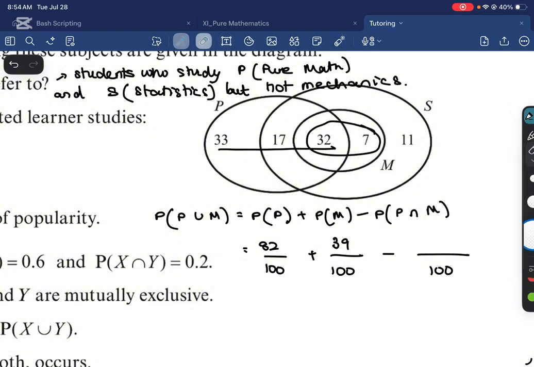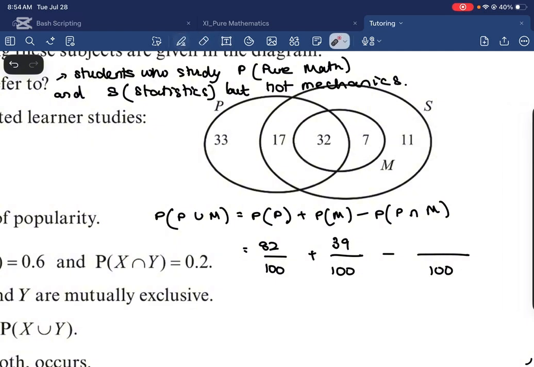And how many students study both? All right. So the intersection of pure math and mechanics is here. 32 students study, let's see. You can't take this number because they include the students who study statistics as well.